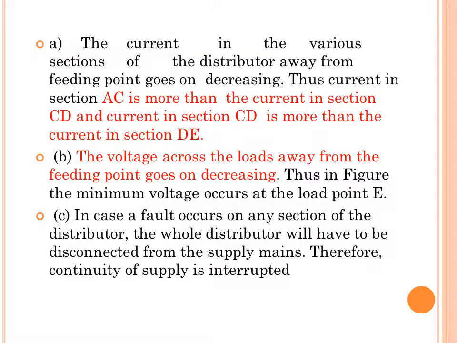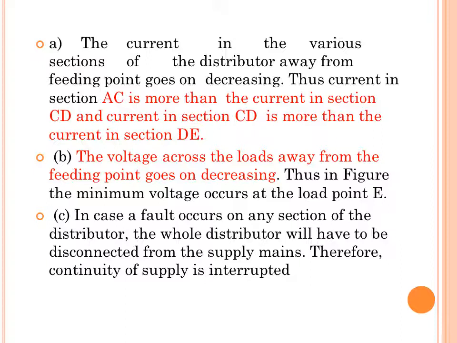So the current in the various sections of the distributor away from the feeding point goes on decreasing. Thus the current in section AC is more than the current in section CD, and the current in section CD is more than the current in section DE.